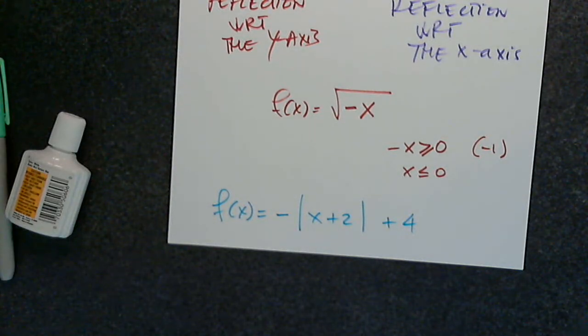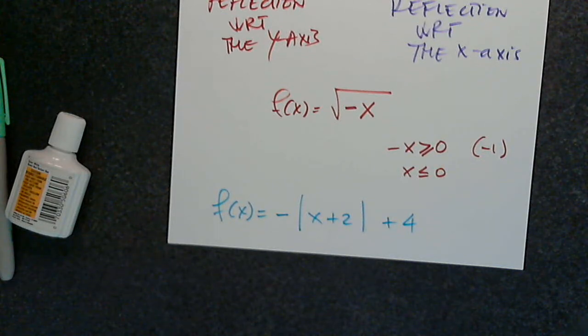We have to reflect. We have a minus in front. So first you have a horizontal shift of 2 to your left. Then you must reflect in order of operations. You cannot perform this before you multiply by -1, right? If you're evaluating for 5, you say 5 plus 2 is 7. The absolute value is 7. You don't say plus 4.